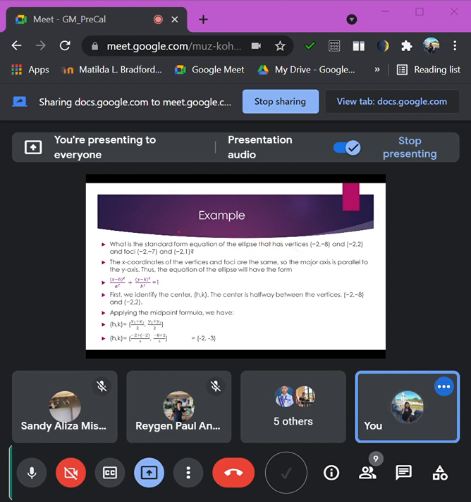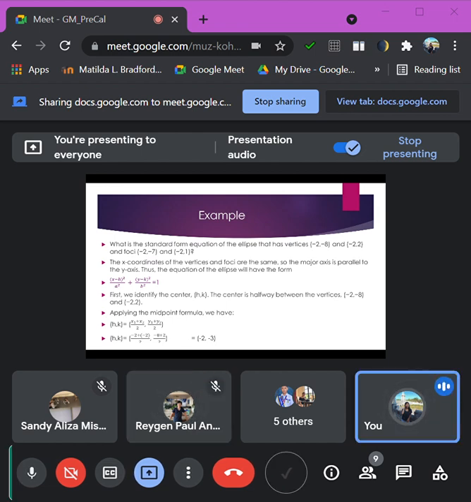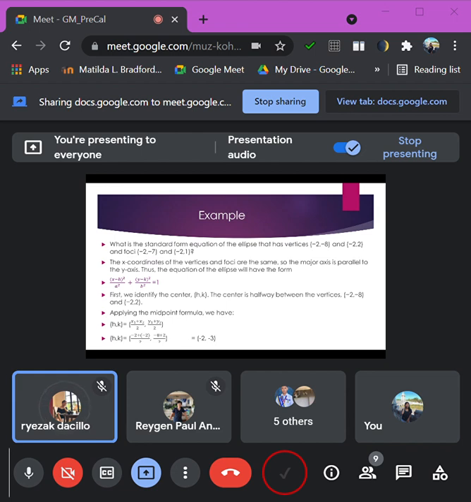Horizontal, vertical? Unsa kaha to ang kwan ani? Vertical siya. Okay, vertical. Is it nakatayo or nakahiga? Nakatayo.